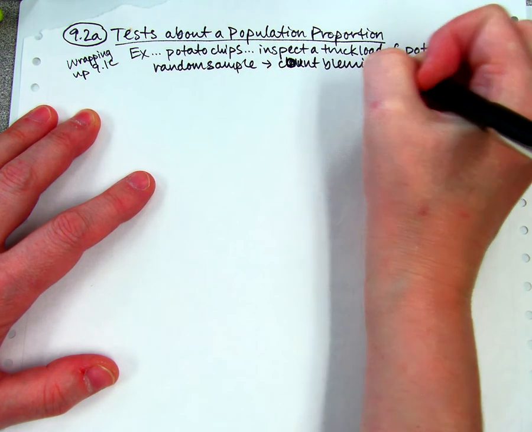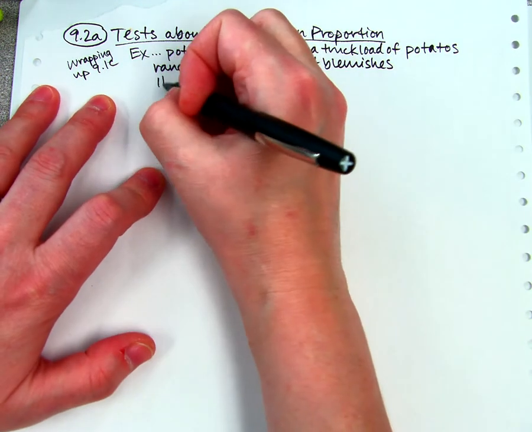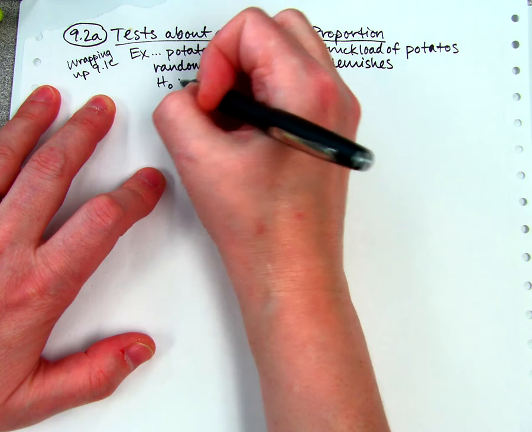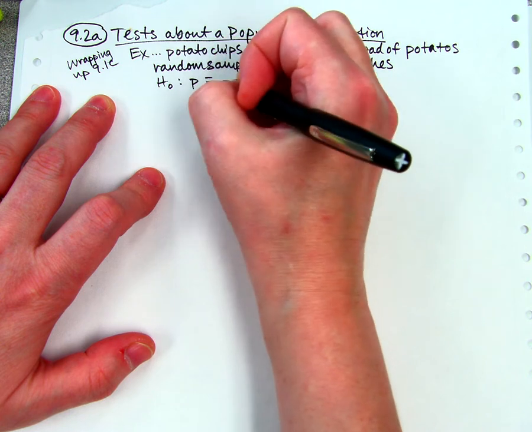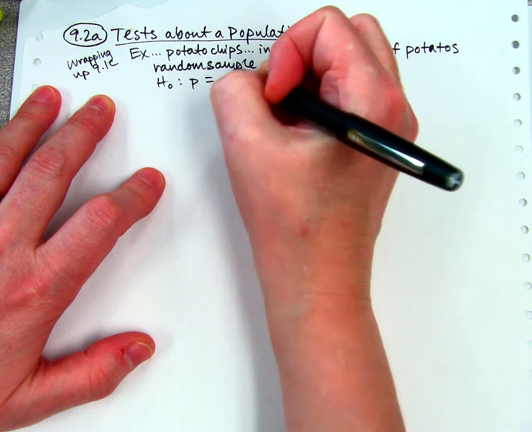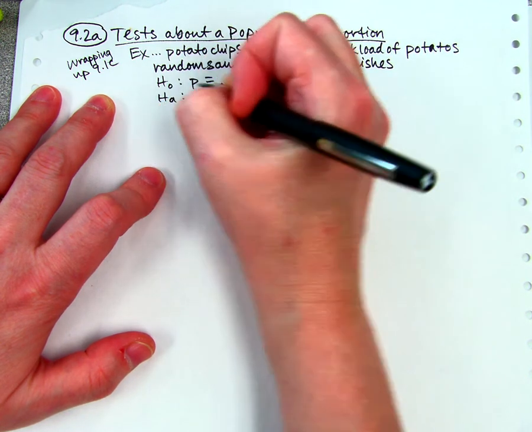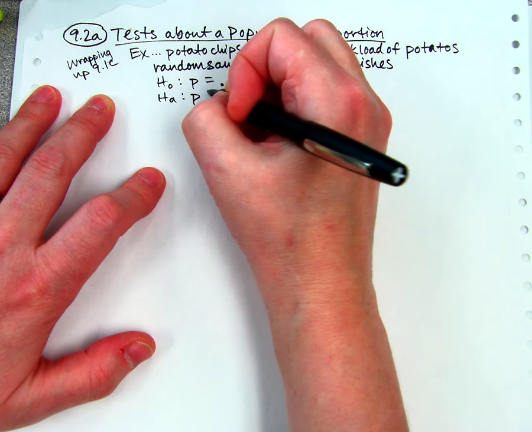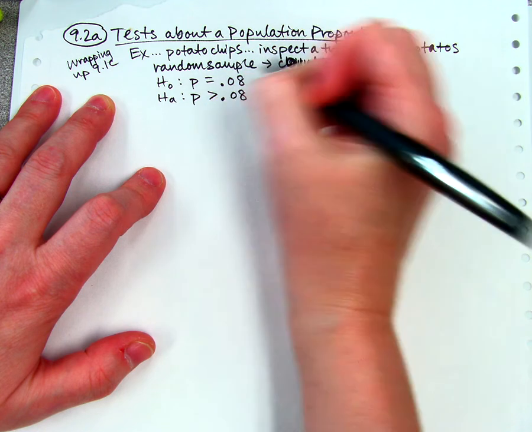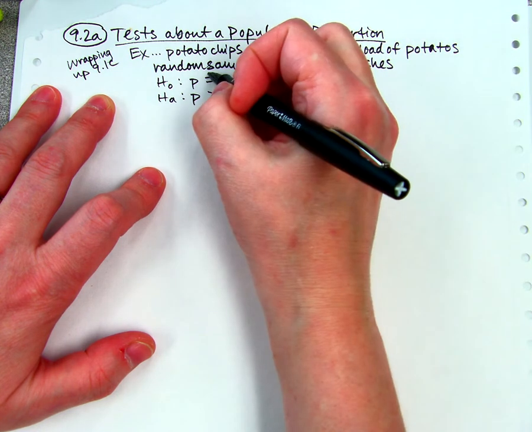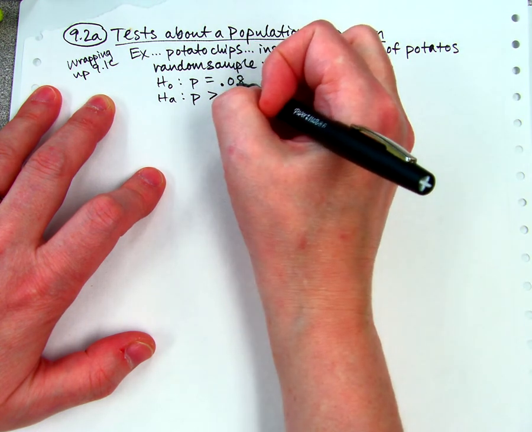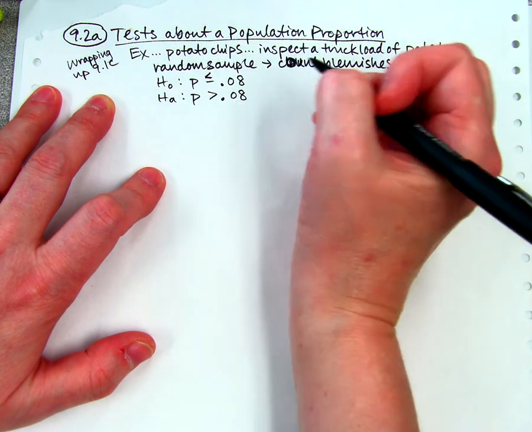And we decide in advance that if there are 8% blemishes, that's okay with us. But if there's more than 8%, we're going to reject the truckload. And some books actually do this as a less than or equal, because maybe we have less than 8%. That would fall under the null hypothesis.